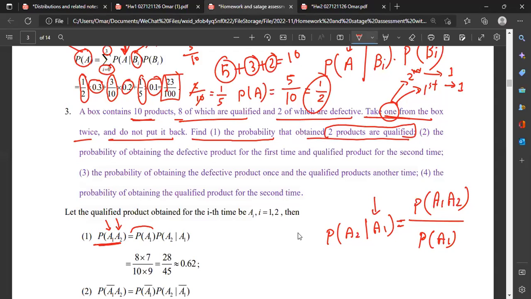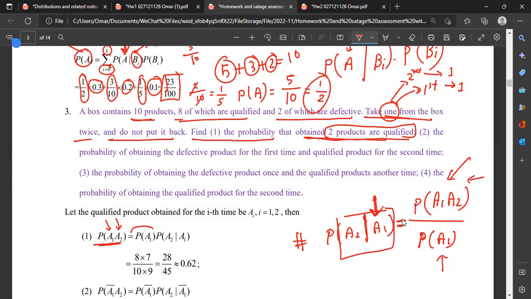Here is the conditional probability formula: A1 is the condition and we are interested in the probability that the two products obtained are qualified. So the probability of A2 given A1. Now we divide by the condition and write the intersection of these two in the numerator.